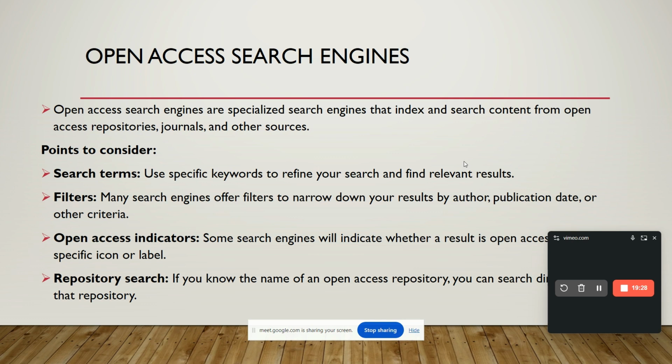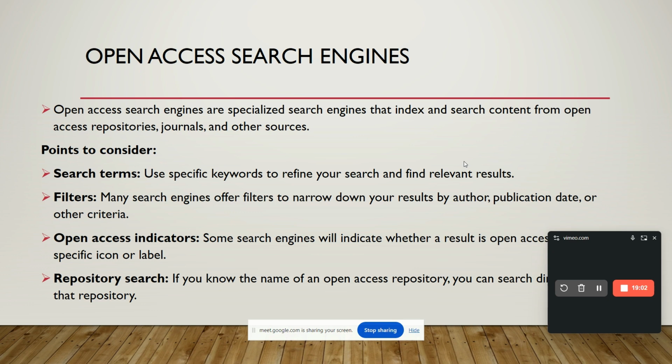So the information that you get from the open access search engines is coming from open access repositories and journals and other sources. So they index all of these and they give them to you when you put in different search queries.